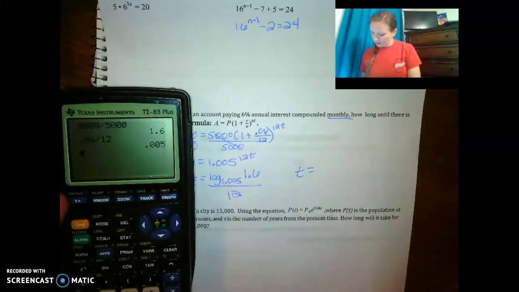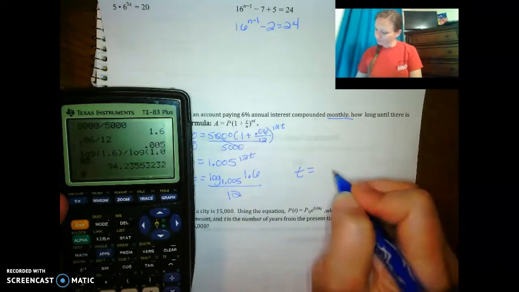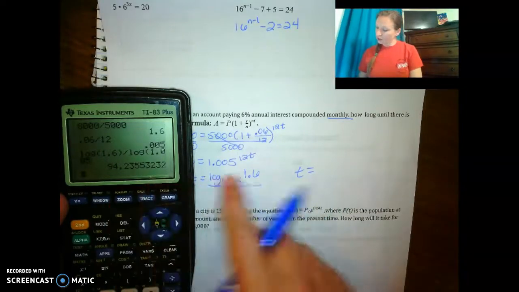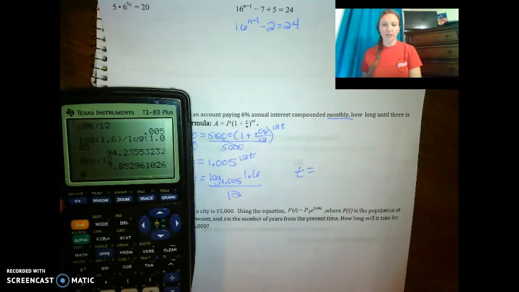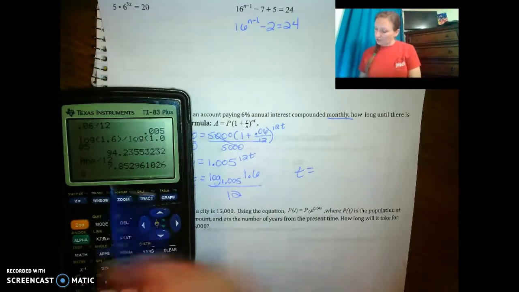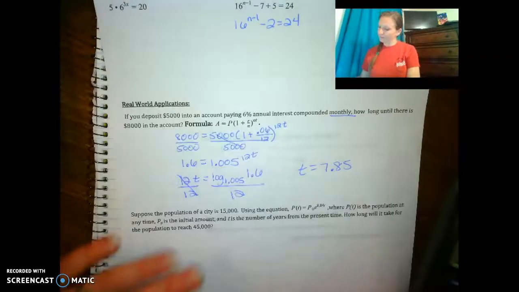So I'm going to type, I have an old calculator, so I'm typing 1.6 divided by log of the base, which is 1.005. So that is the numerator, and I want to divide that answer by 12. Remember not to round, because the more we round, the more our answer will become off. So this is 7.85.